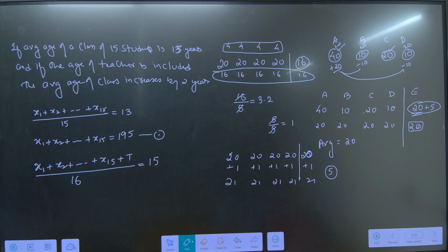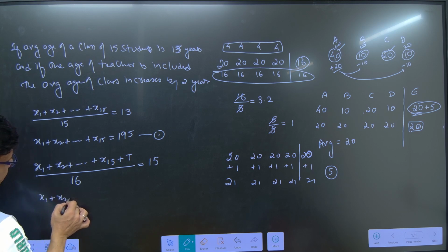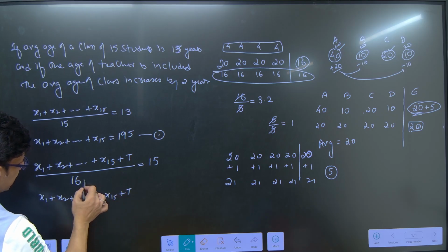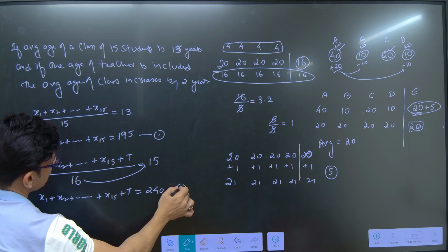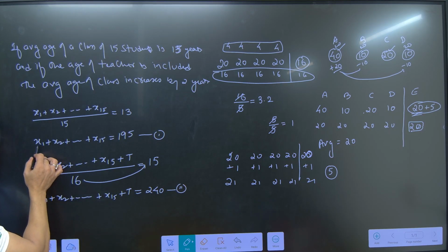So I have to multiply 15 with 16. 16 5s are 80 and 16 10s are 160. 160 plus 80, 240. 16 15s are 240 or not? So x1 plus x2 up to x15 plus teacher, multiplied to that side, how much will it become? 240.